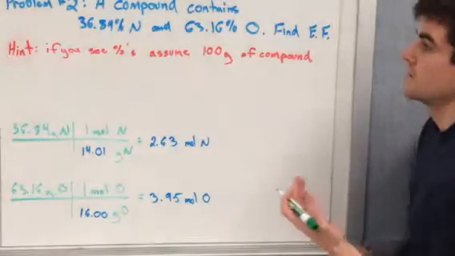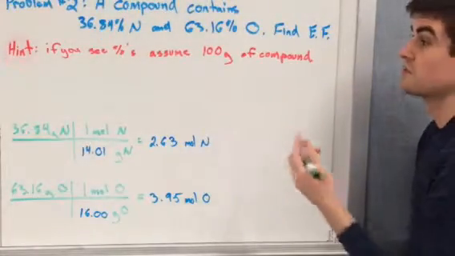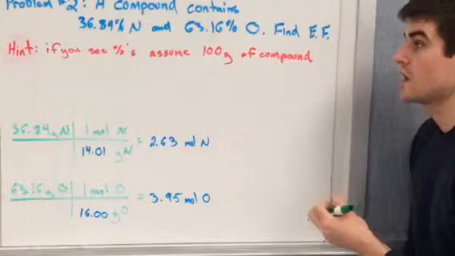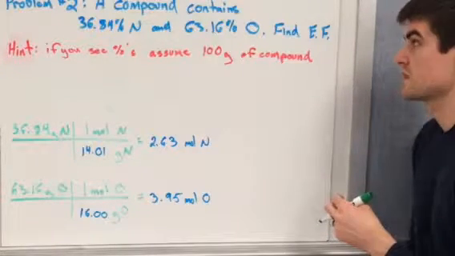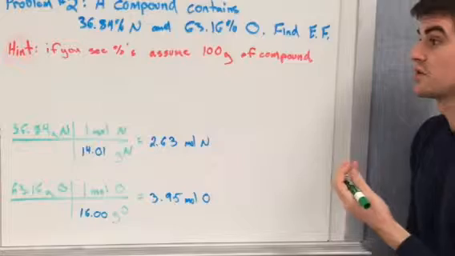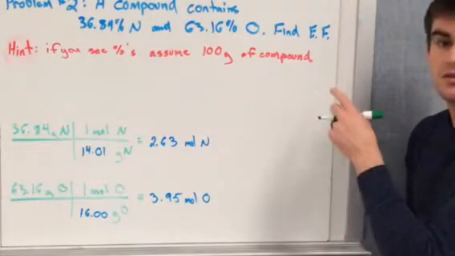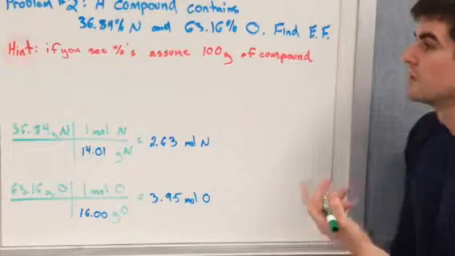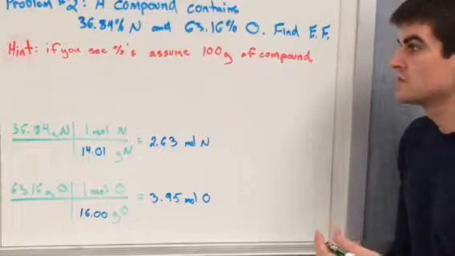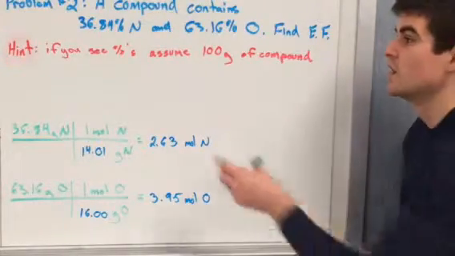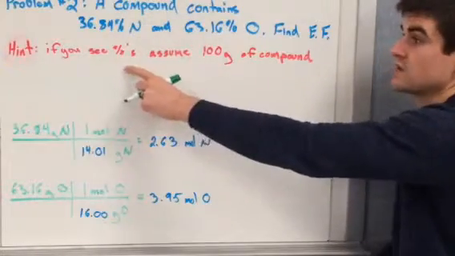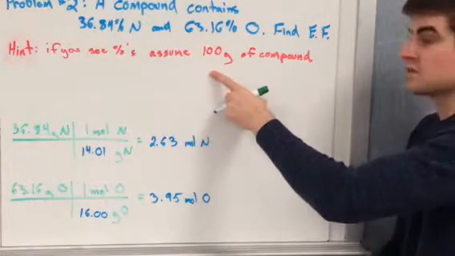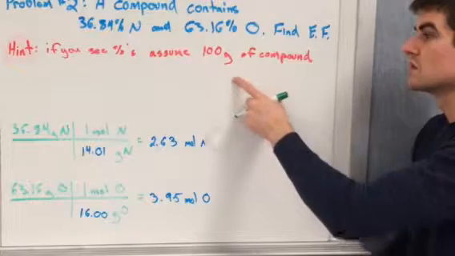Problem 2. A compound contains 36.84% nitrogen and 63.16% oxygen. Find its empirical formula. Well, here we're given percent composition, so there's your tie from what we did before, and this works the exact same way. The hint is, if you see percents, just assume 100 grams, because this is going to make your math so easy.